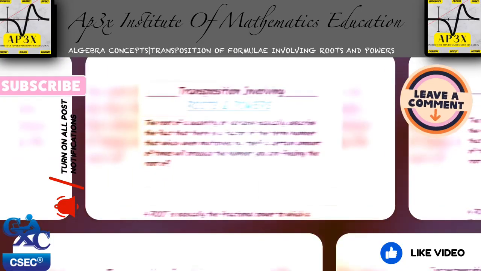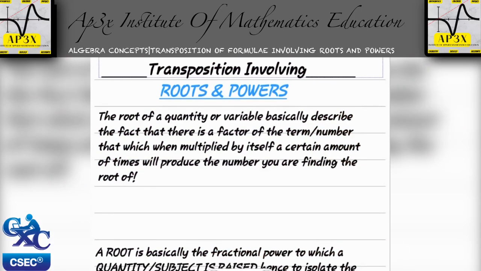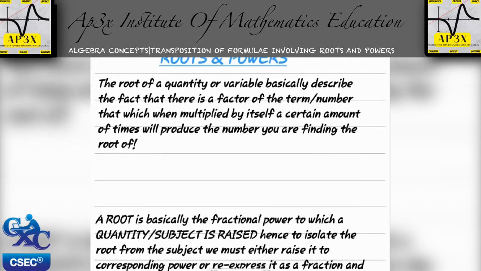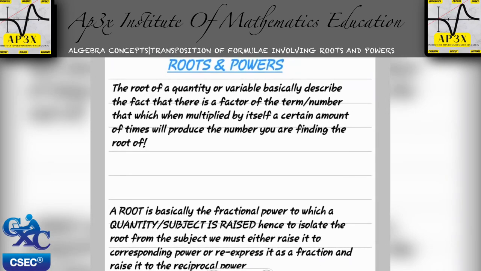By the title, you're seeing that this is transposition involving roots and powers. I have some information here for you on screen, and a bunch of examples that I'm going to walk you through so we can apply these roots. The very first thing is understanding what a root is.